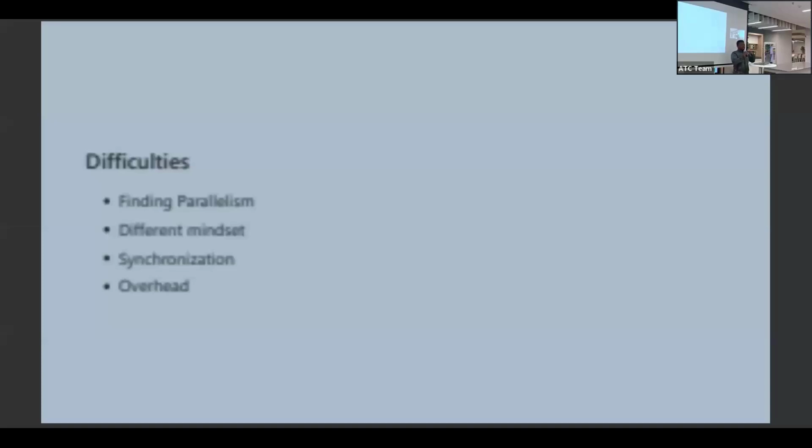And introducing parallelism can make it really hard to test your program and make sure that it's correct. There's also the issue of overhead. When you're starting a system up, it can be really expensive computationally.